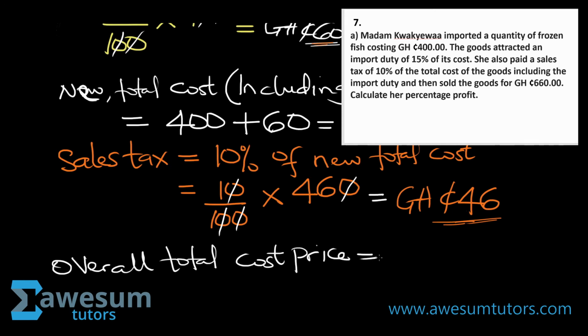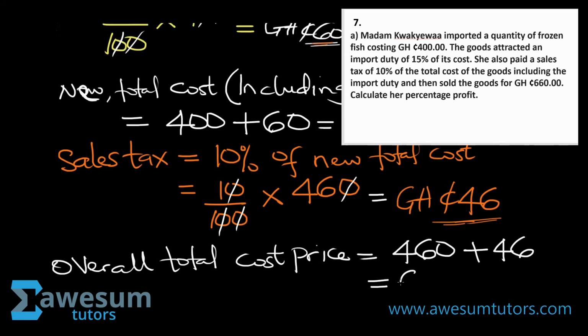So that's going to be 460 that she spends on buying the frozen fish and for the import duty, plus what she now paid for sales tax, which is 46. If you add that together, that is going to give you 506.